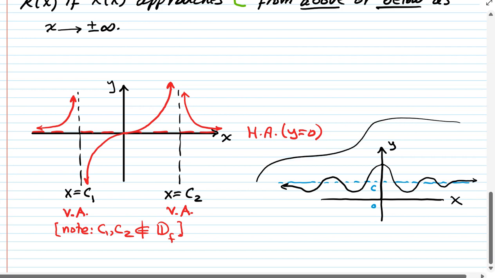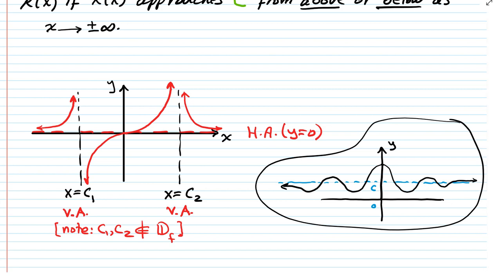This one, the one on the right, the smaller one, I'm trying to show what the horizontal asymptote would be. Notice that in this case, as x gets bigger, as x goes to infinity, the function f approaches c, and c is the constant right here. You see that?